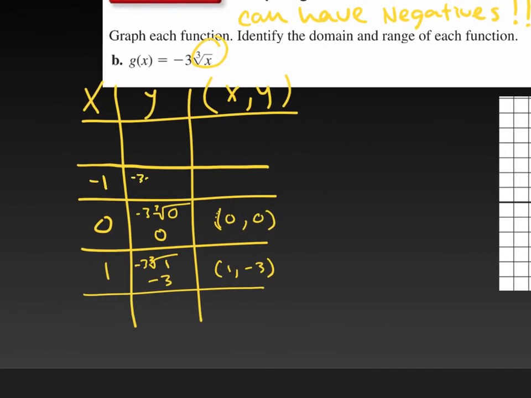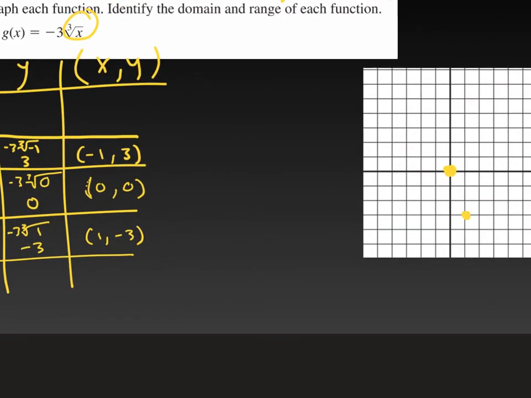So negative 3 times the cubed root of negative 1. What's the cubed root of negative 1? Negative 1. So what's negative 1 times negative 3? 3. So when we plug in negative 1, we get 3. So let's go to our graph. Go to the left one, up 3.